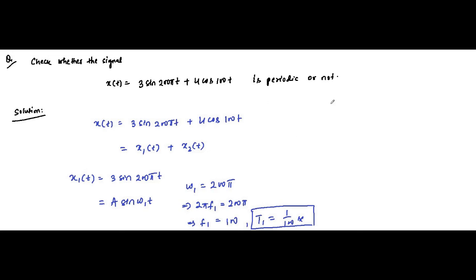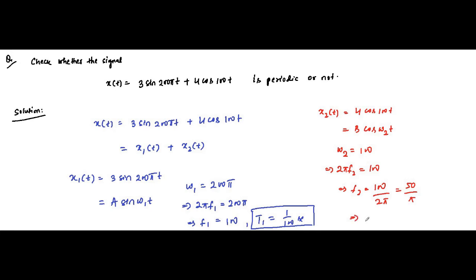Then we have x2(t). It is expressed as 4 cos 100 t. If we write it as b cos omega 2 t, then in that case omega 2 is equal to 100, implies 2 pi f2 is equal to 100, implies f2 is equal to 100 by 2 pi, which is equal to 50 by pi.